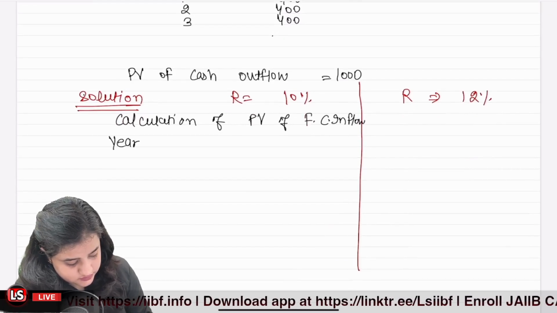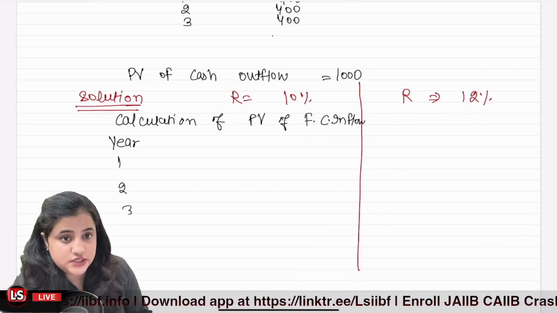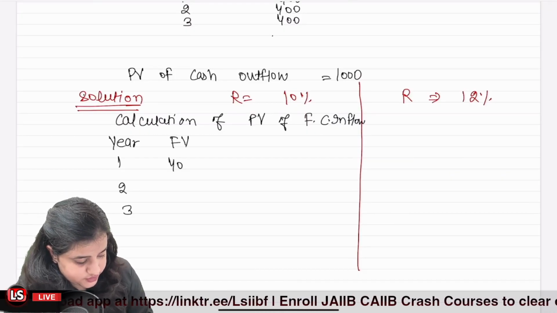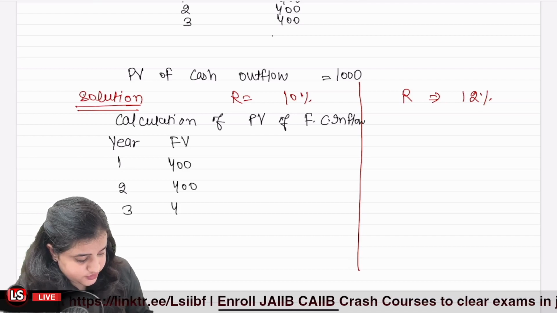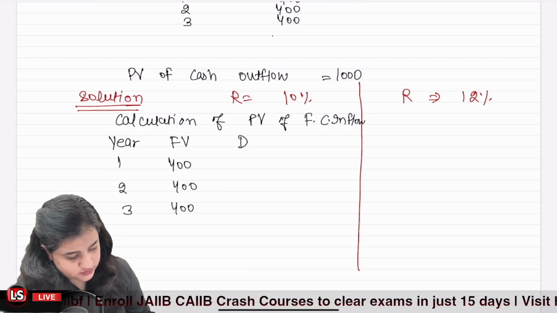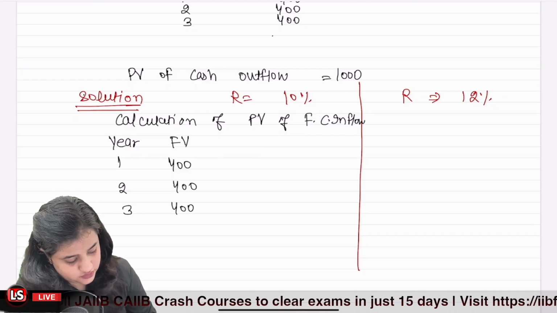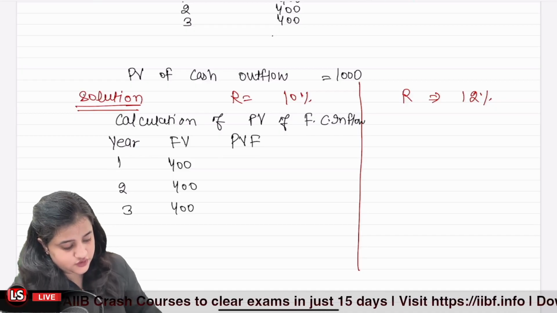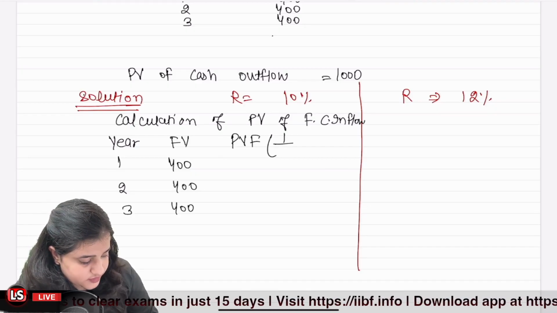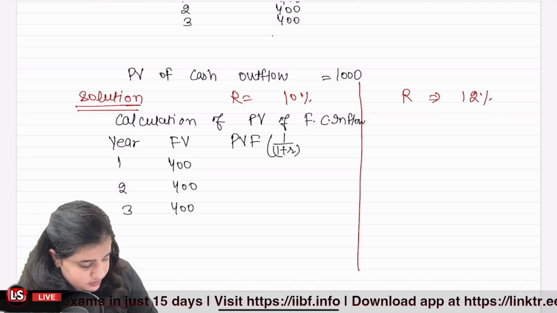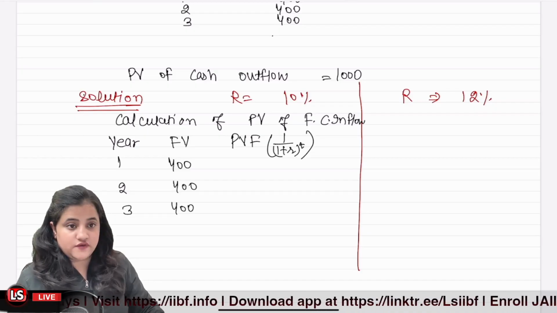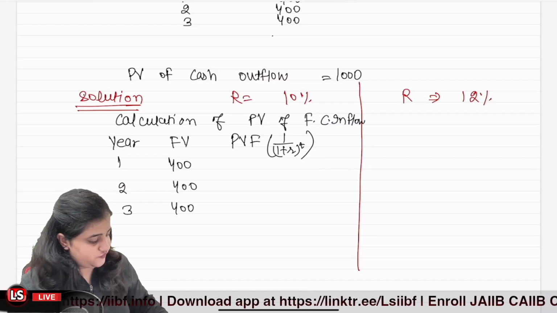Year 1, 2, 3. Future value is 400, 400, and 400. My discounting factor, or what did I teach you? We call it PVF. What was the formula of present value factor? 1 divided by 1 plus R raised to T. So by now, I hope you all have learned how to calculate the discounting factor.